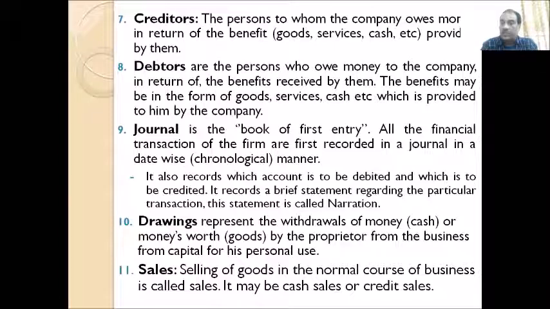It records a brief statement regarding the particular transaction. These statements are called narrations. So it contains comprehensive information and guides while the entries are being posted in the ledger.